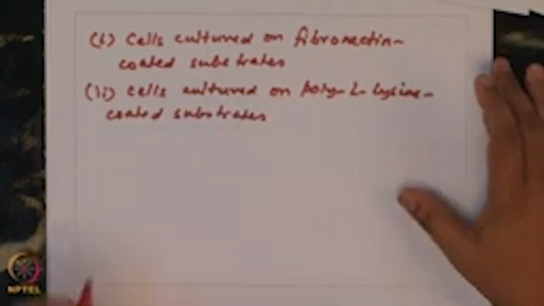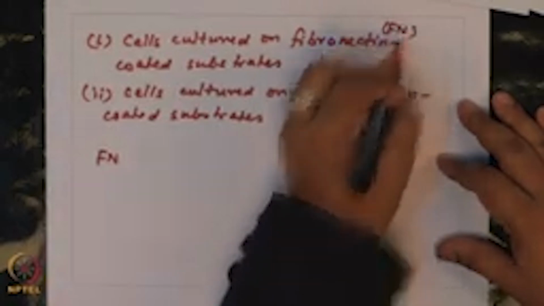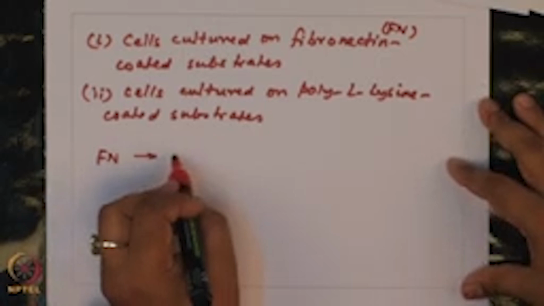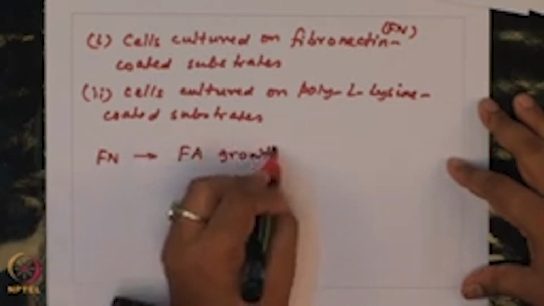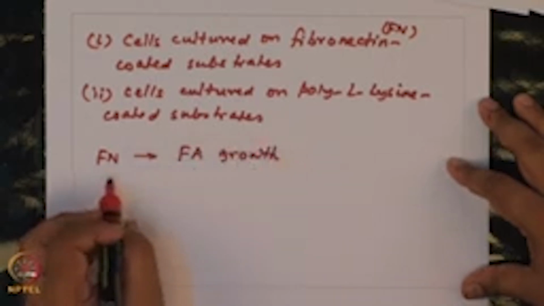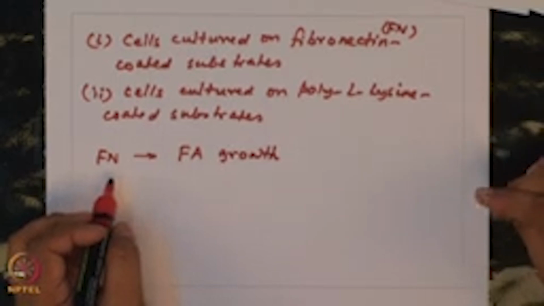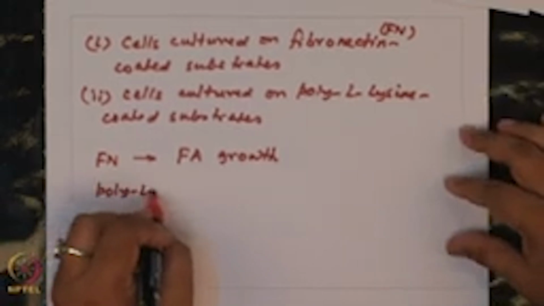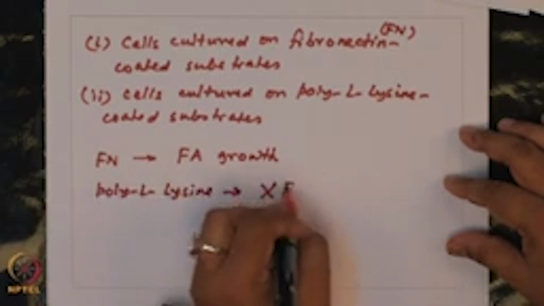Okay. So, on fibronectin surfaces he observed FA growth. So, focal adhesions grew when cells were exposed to force, exposed to the pipette pushing on the cell. But on polylysine there was no FA growth.